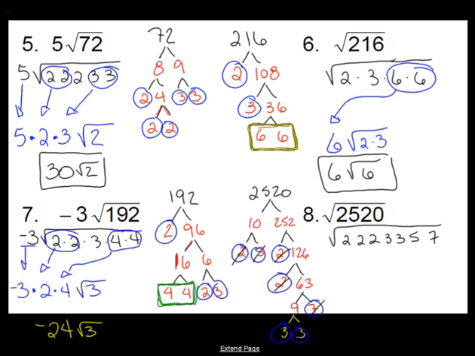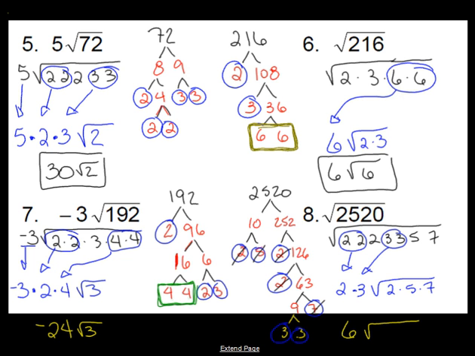We go match our pairs up. So I've got 2. He comes out. I got a 3. He comes out. Inside the radical, we have 2 times 5 times 7 left. We do our multiplication. So on the outside I have 6.